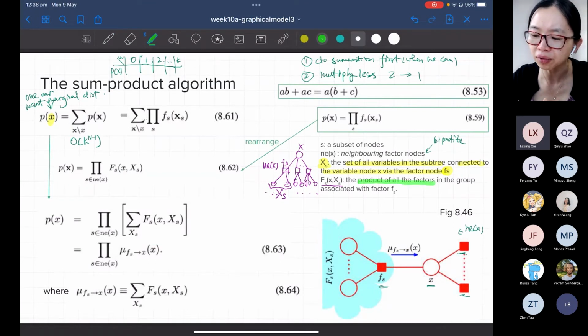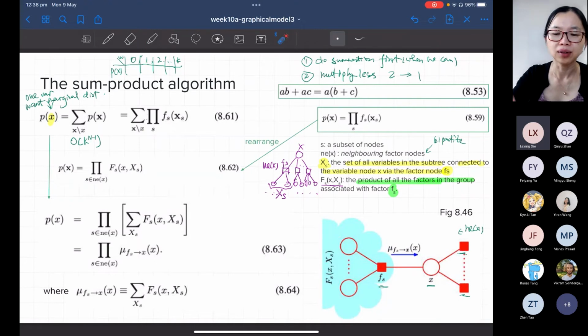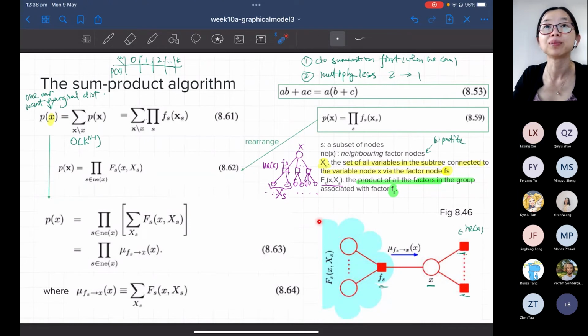It is the product of all the factors in the group associated with factor f of s. Visually, this big F sub s is basically the product of factors in this light blue cloud, from all the nodes, basically all the factors that contribute to f of s.